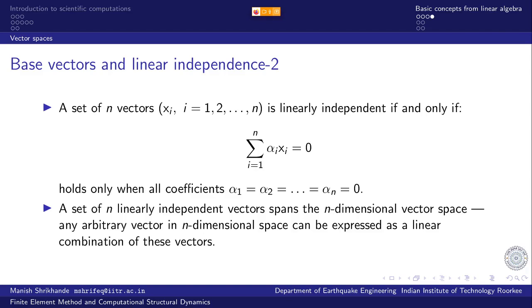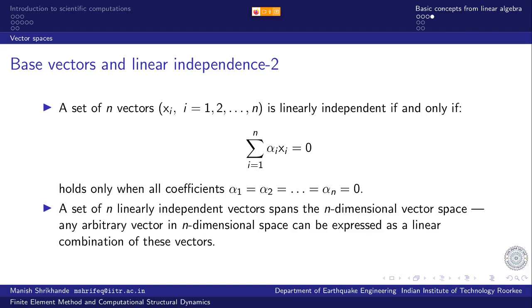And similarly the z direction can be inclined at any angle as long as it is not collinear, as long as it points to some new direction. That is the key issue: each coordinate direction should bring in some element of new information that is not contained in the earlier directions.